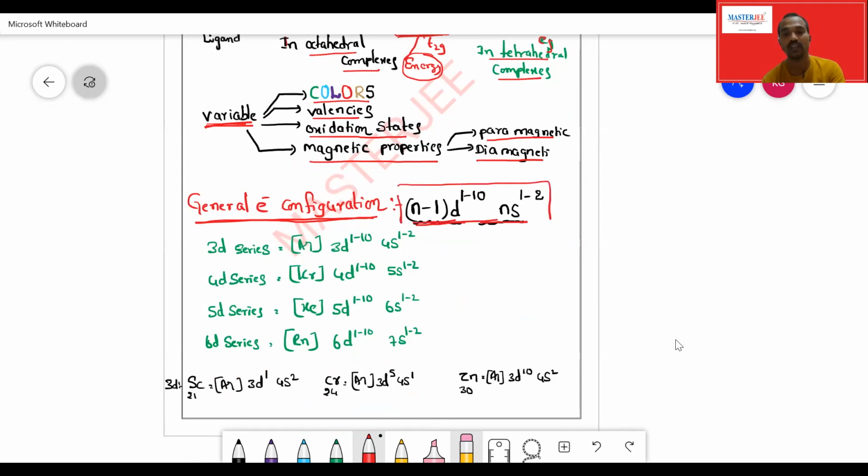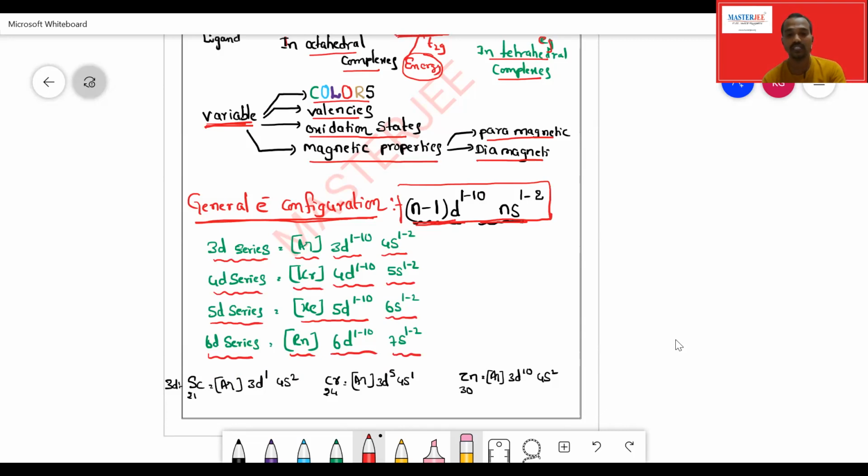Now, if you apply this for the 3d series, it is argon 3d1 to 10, 4s1 to 2. For the 4d series, krypton 4d1 to 10, 5s1 to 2. For the 5d series, xenon 5d1 to 10, 6s1 to 2. For the 6d series, radon 6d1 to 10, 7s1 to 2.